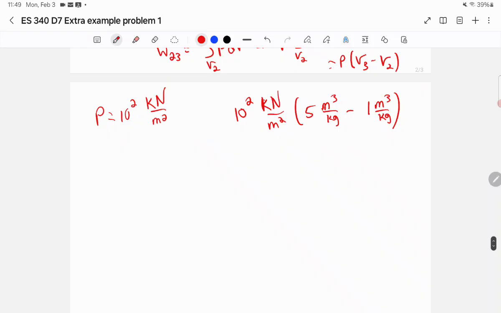And a kilonewton times a meter is obviously a kilojoule, and then I have divided by kilograms, so it's going to be in kilojoules per kilogram here. So lowercase w, 2 to 3 is equal to this. And that's going to be minus 4, sorry, this was wrong, right?